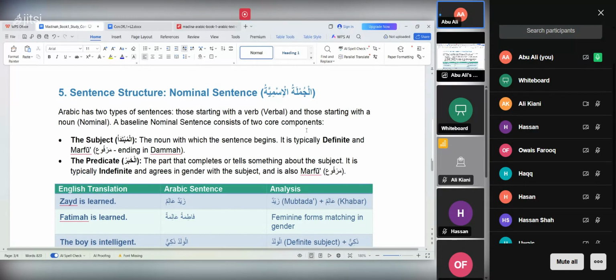The sentences in Arabic are two: nominal sentence and verbal sentence. الجملة الاسمية, which is the nominal sentence, and the verbal sentence الجملة الفعلية. They have two core components.